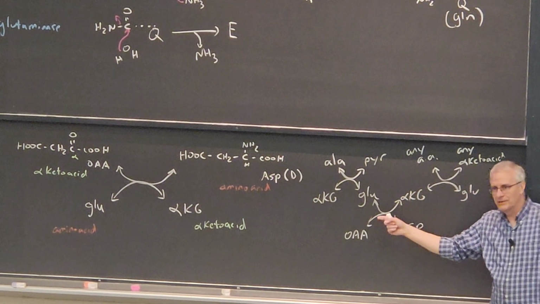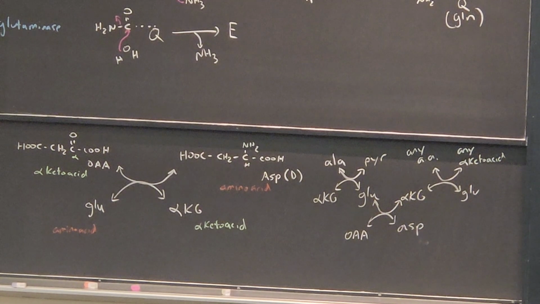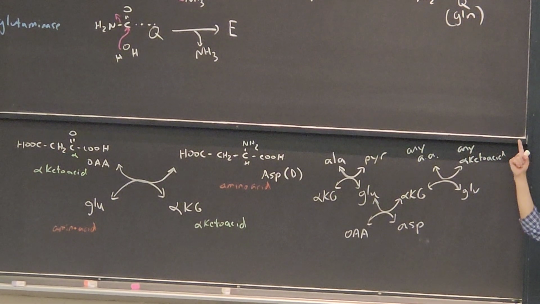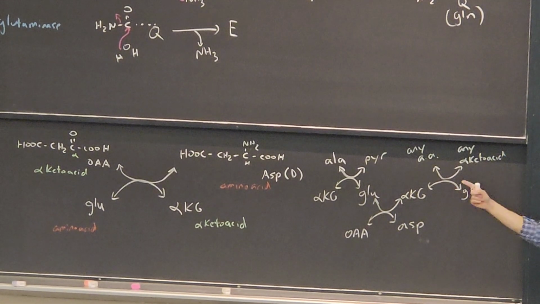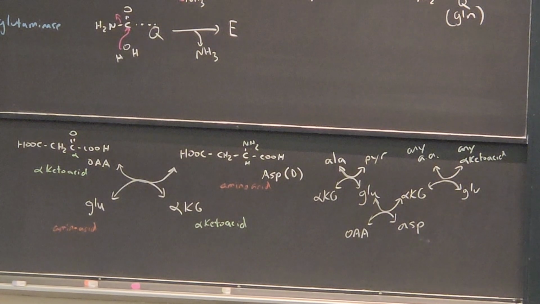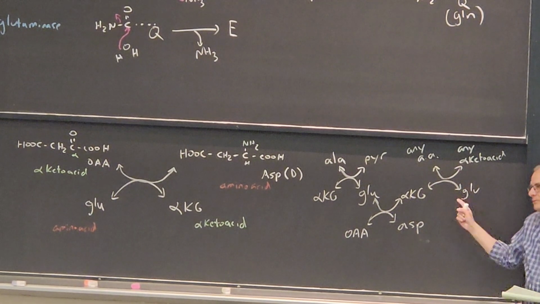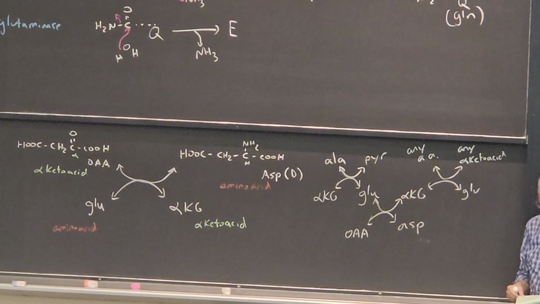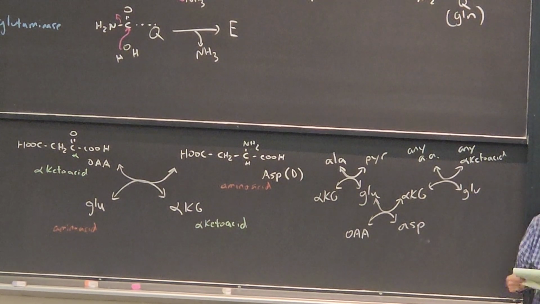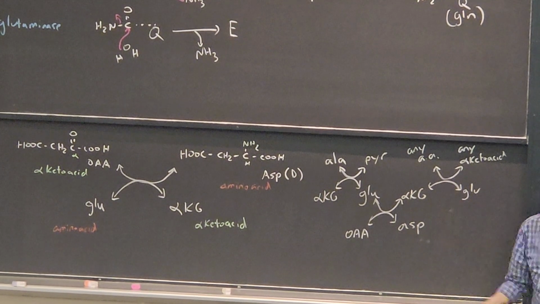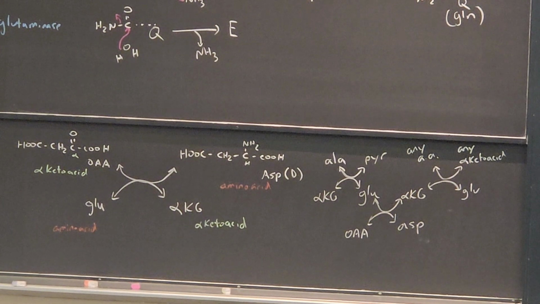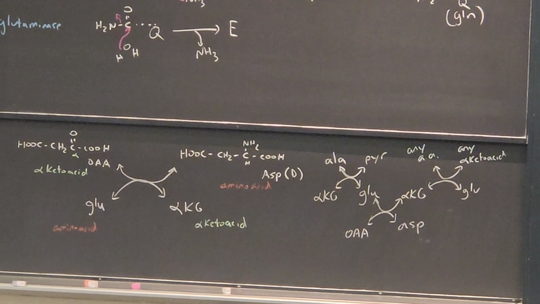So catabolism, sending all my nitrogen to glutamate, where I can use glutamate dehydrogenase to make ammonia. If I want to do anabolism, take all of my nitrogen in through glutamate dehydrogenase and swap it around with all the other alpha keto acids to make amino acids. And this is effectively, in a nutshell, how you do amino acid synthesis and breakdown.